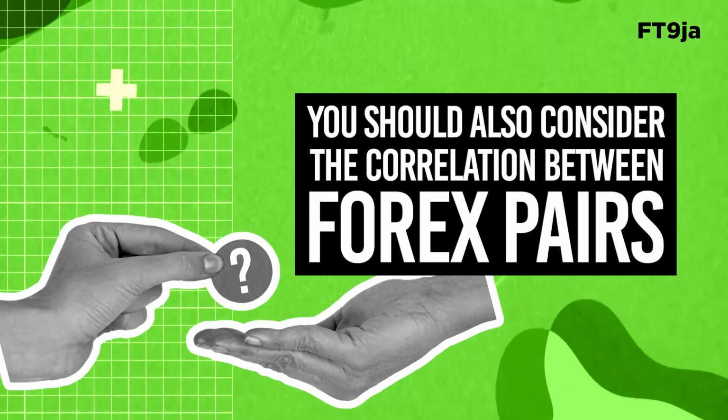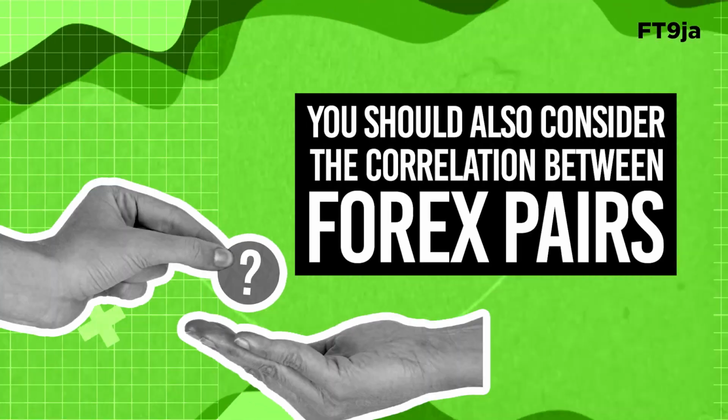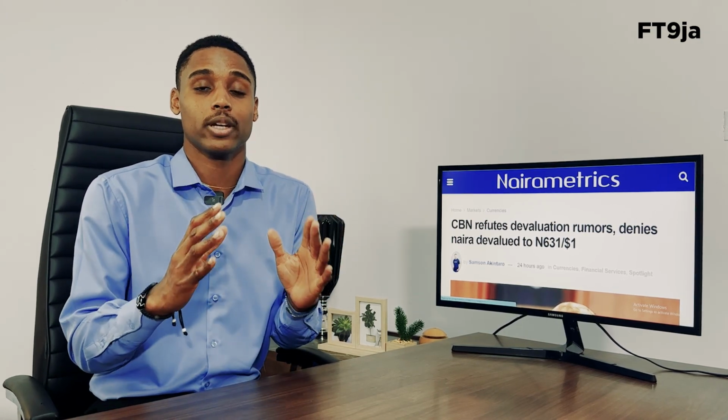So as a beginner, you might want to start with less volatile pairs like the dollar CAD or the Aussie dollar. You need to also pay attention to the correlation between Forex pairs. And the best thing to do is to just pick the one that you're comfortable with, the one that fits your trading style best. For this video, we're going to pick the euro dollar.